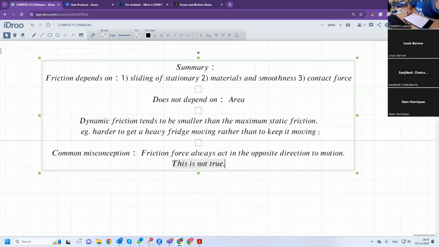So this is a piece of paper, and if I put my calculator on the piece of paper and I pull the paper, you can see that the calculator moves with it. The friction force between the paper and the calculator causes the calculator to move forward. So the friction force is forward and the calculator is moving forward. So the friction force causes motion.